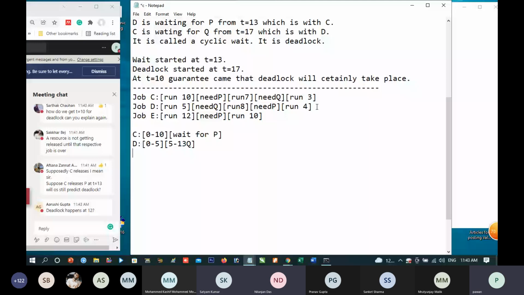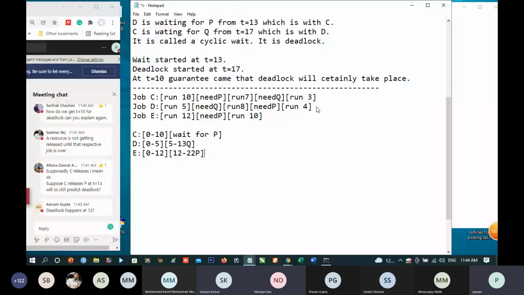At time t equal to 13, the job E will be executing from 0 to 12. At time t equal to 12, it needs P and it will be given P. Why? P is free. It will be given. And from 12 to 22, it will be executing using P. P will always give a resource to a job if it is free.